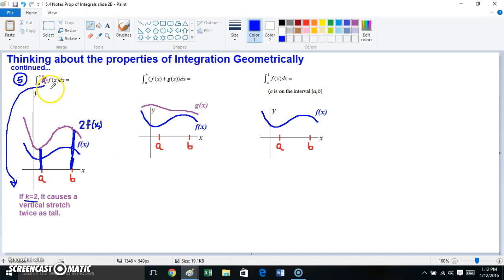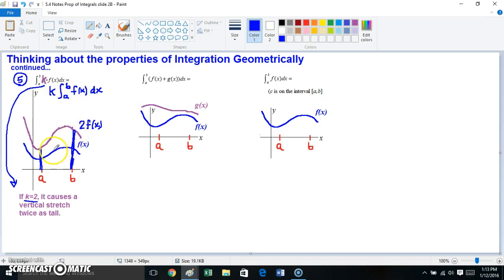Now another way to look at this is we could pull that coefficient out and say, okay, we're going to find the area under the curve of f of x, but we are going to double it.